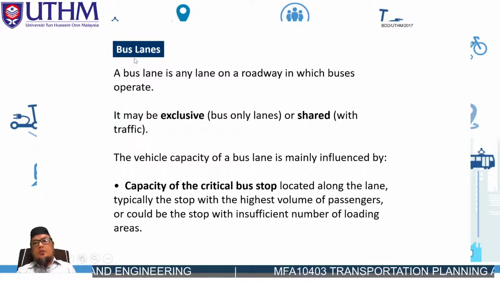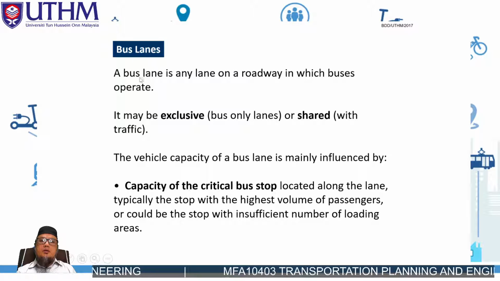Okay, next we look at the bus lane. Bus lane criteria, or bus lane factors. A bus lane is a lane on the roadway on which buses operate. It may be exclusive, which is provided or allocated for buses only to use that particular lane, or shared with other traffic.